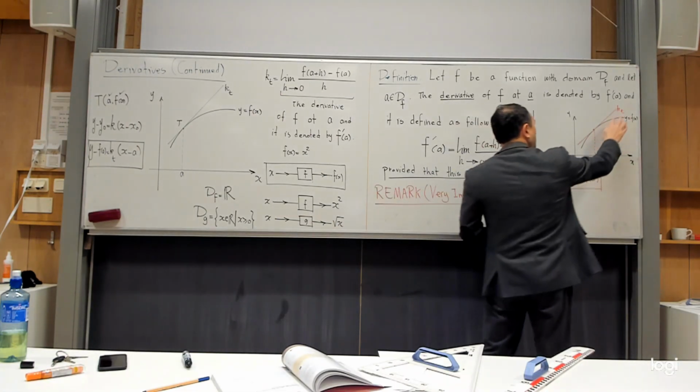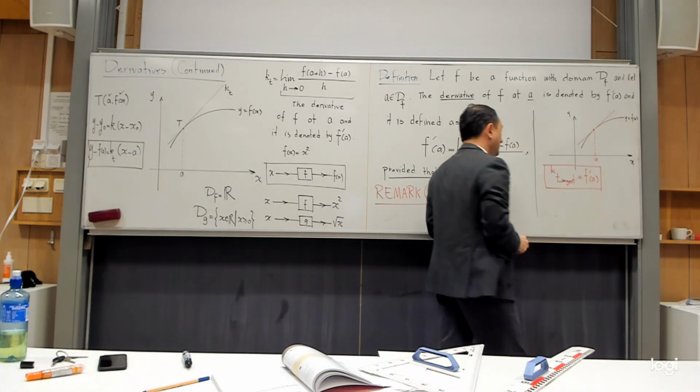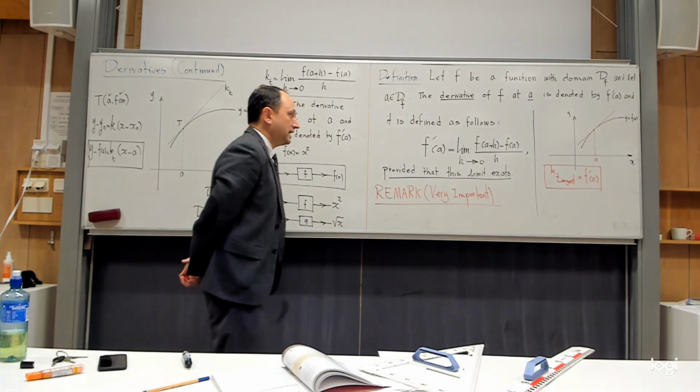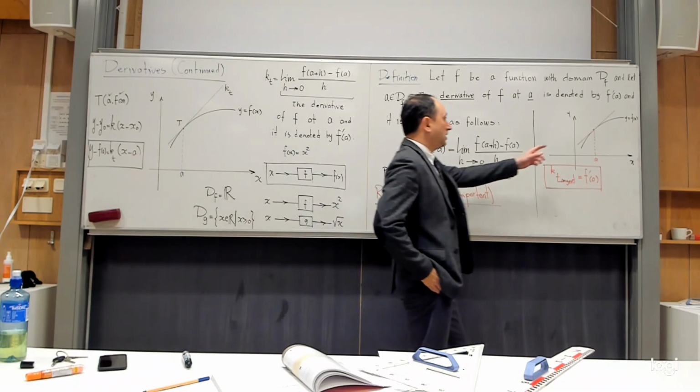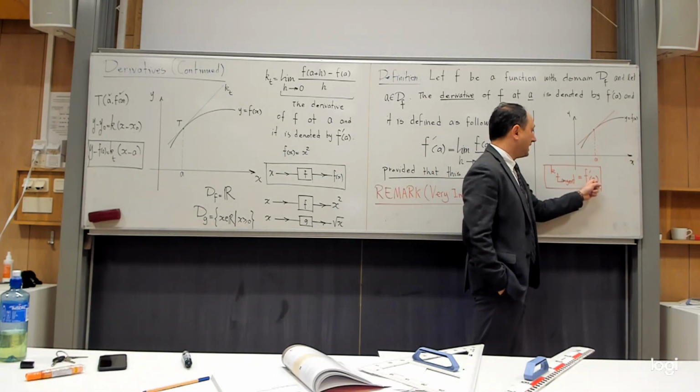So the k value for the tangent line is the derivative of the function calculated at a.